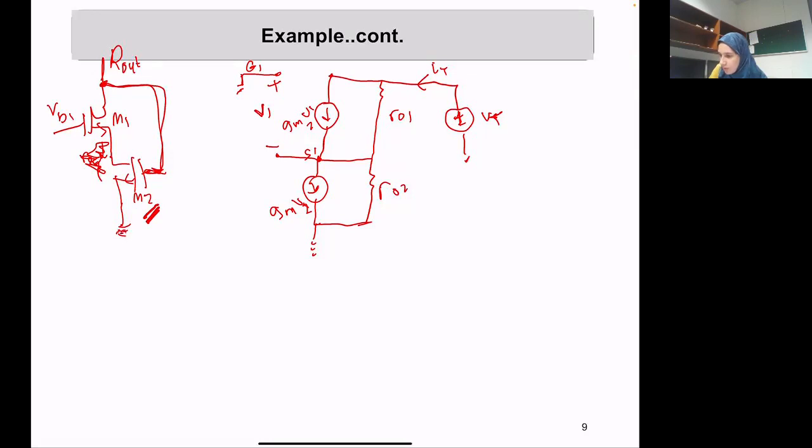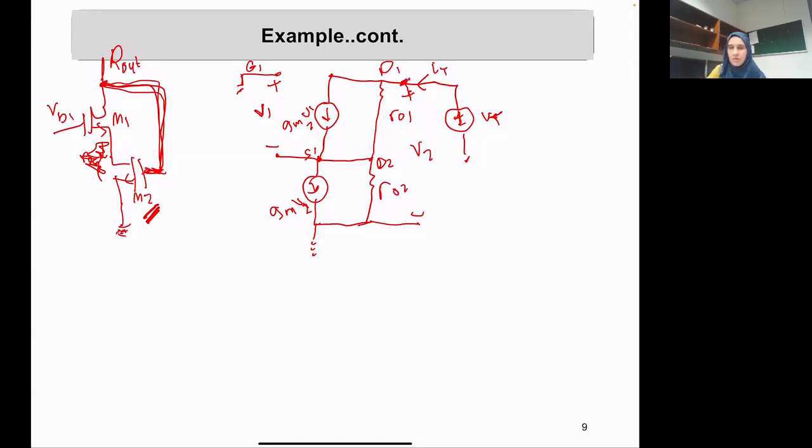So where is the drain of M1? It's here, between the positive side, because the gate of M2 is connected to the drain of the first one. And this is the drain of M1, source of M1, and this is the drain of M2. Therefore, the gate is also shared here for M2.